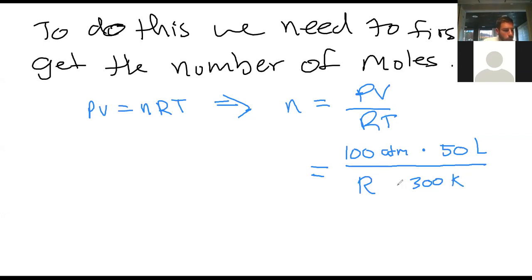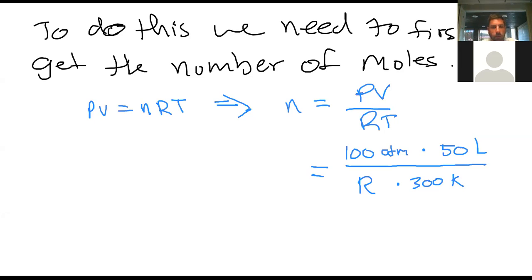So what I would do is I look at these units. I look at atmospheres, liters, and Kelvin. And so what I would do is go directly to the Wikipedia page. I would Google gas constant. Let me show you what I'm doing here.